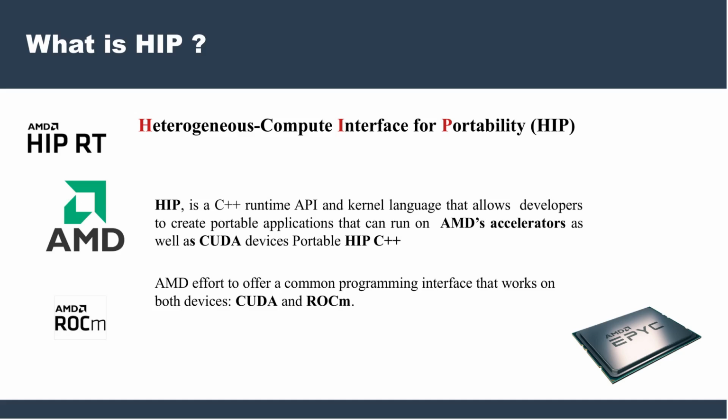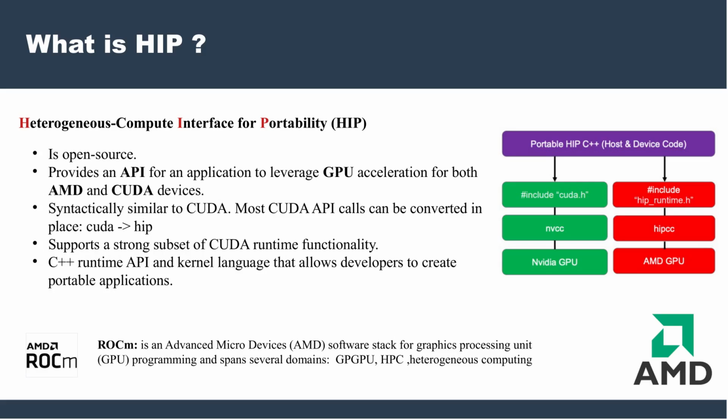HIP represents AMD's effort to provide a unified programming interface compatible with both CUDA and ROCm environments. HIP is open source, providing an application programming interface for graphics processing unit acceleration on both Advanced Micro Devices and Compute Unified Device Architecture devices.